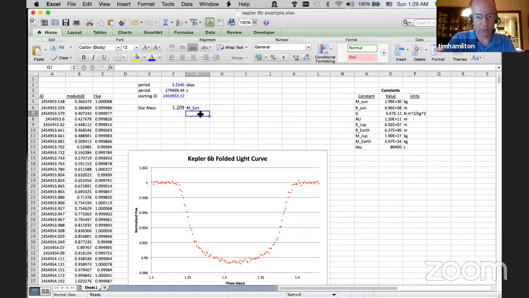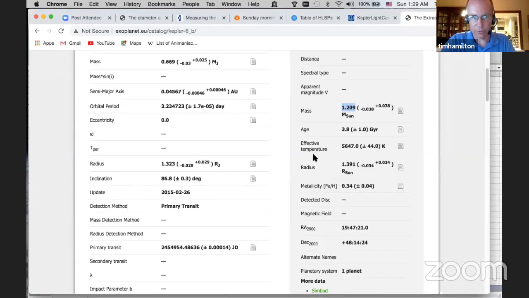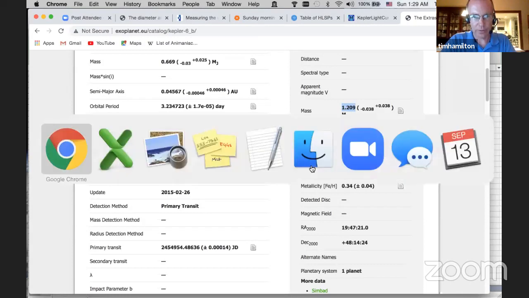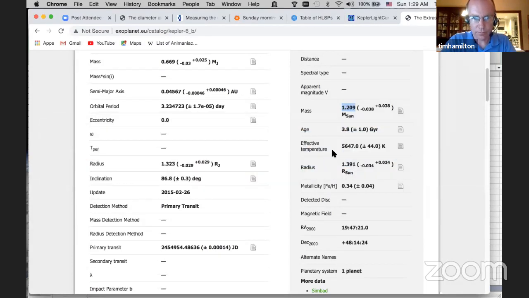Let's convert that to kilograms. So we multiply the mass in solar masses by the mass of the sun in kilograms. All right, there we go. While we're at it, let's also copy in the star's radius and temperature. So there's the temperature.